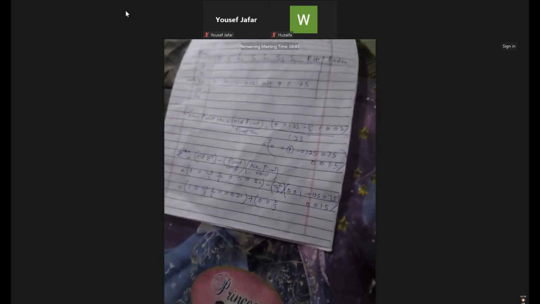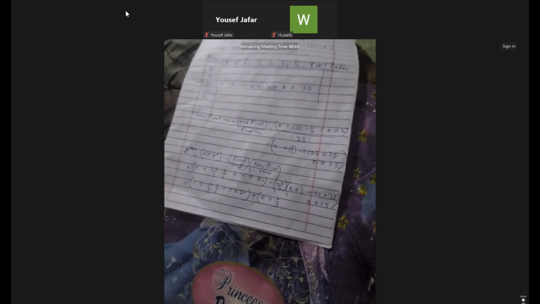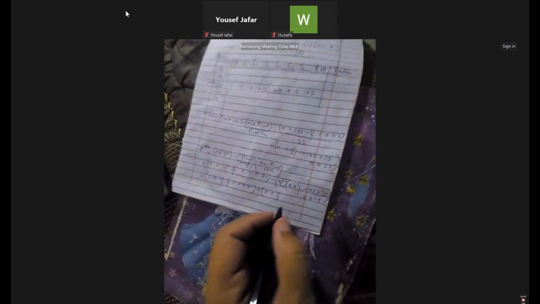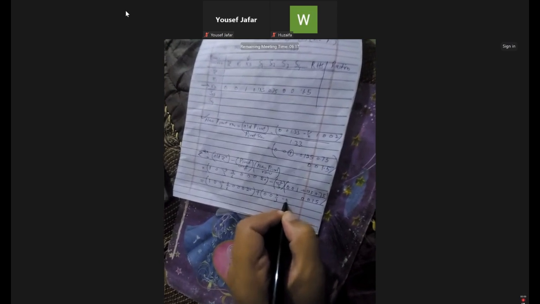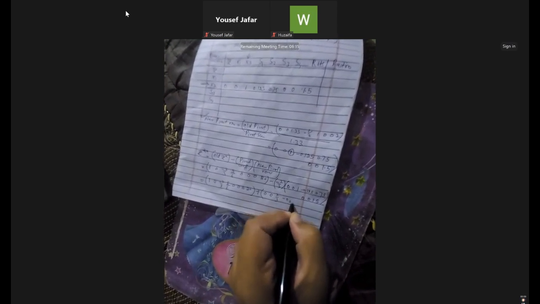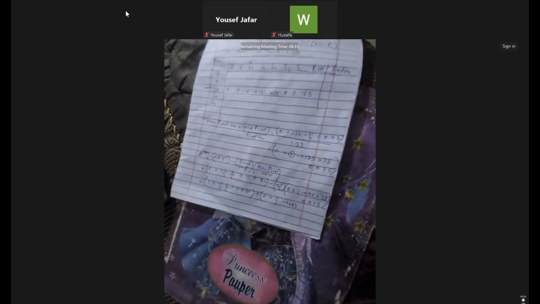0.125 multiplied by 2 by 3 is equal to minus 0.083.